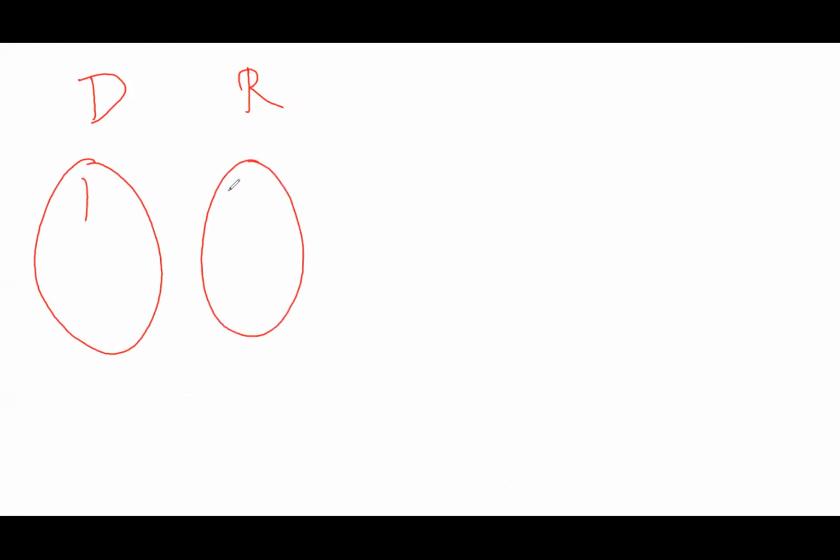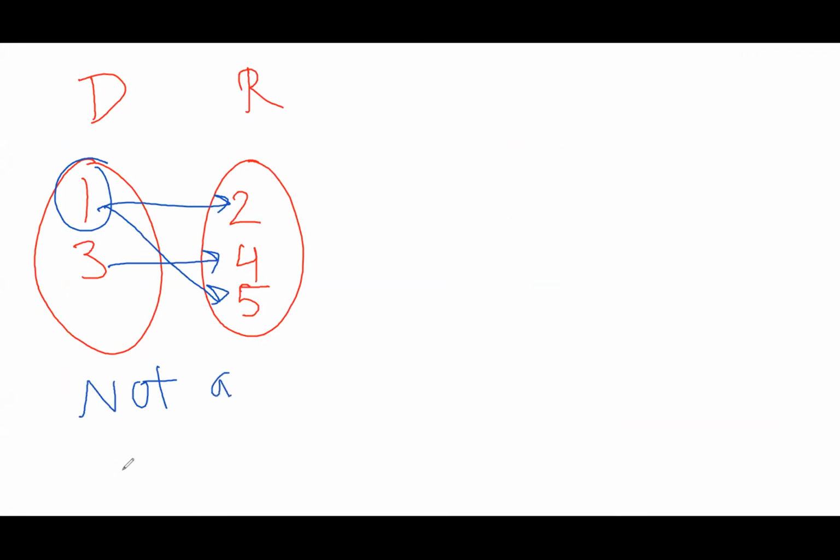So we had 1 going to 2, 3 going to 4, and then 1 also going to 5. So this is sort of another way of writing an arrow diagram, kind of like what we did before. 1 goes to 2, 3 goes to 4, but then, oops, 1 also goes to 5. That's not okay. It's a relation, but this is not a function.